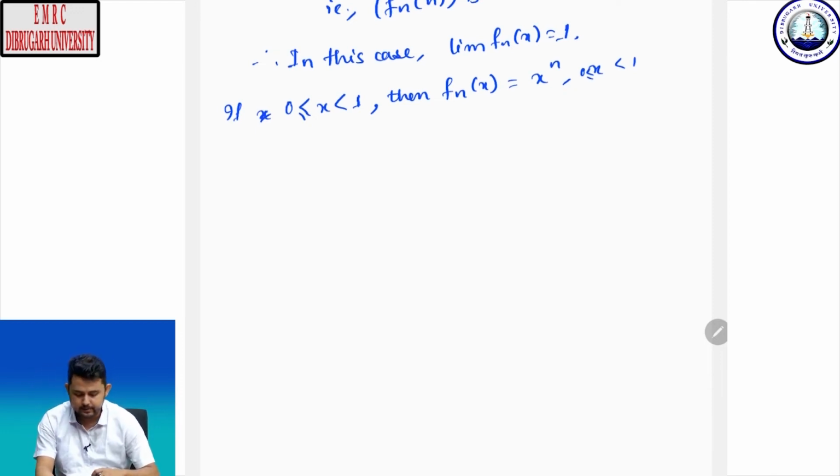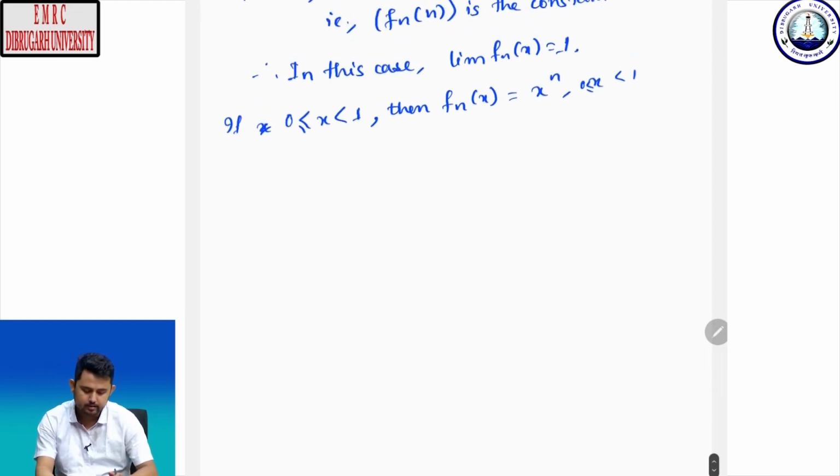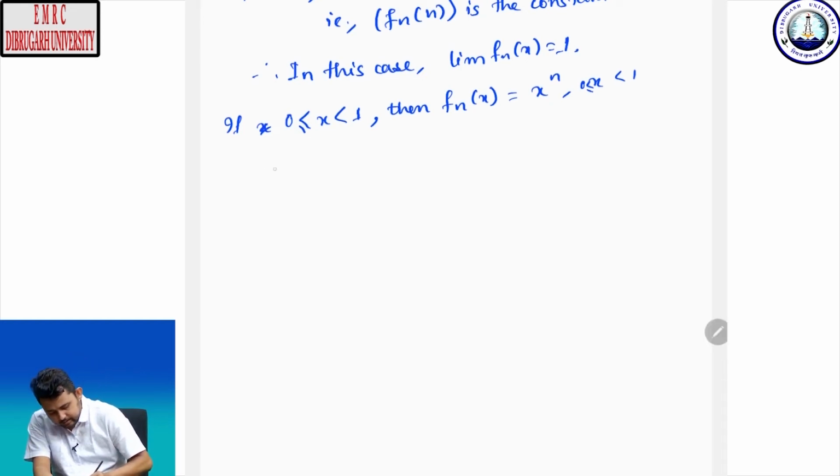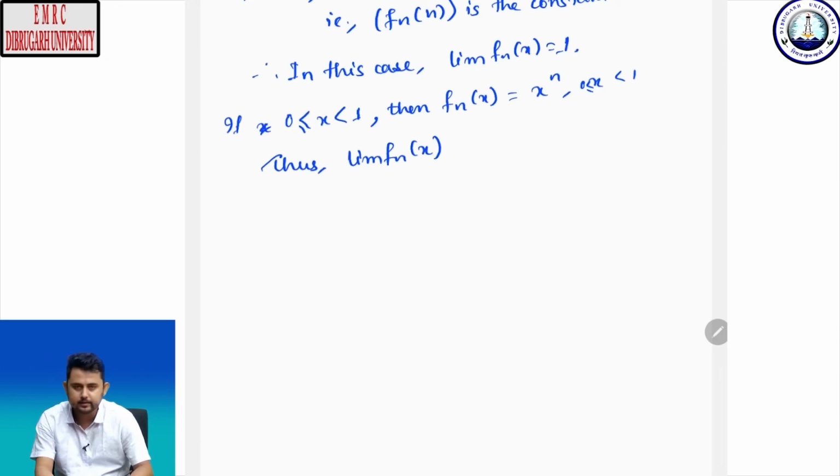We have discussed this in sequence of real numbers, that this sequence converges again to 0, right. So, thus we can write that limit fn x is equal to 0.